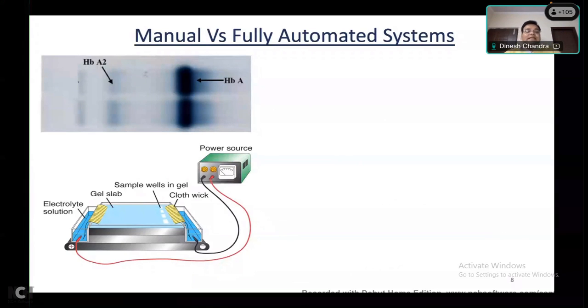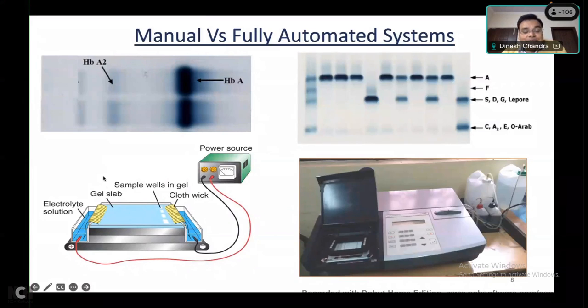For this technique, previously we used to make the agarose gel on a slide, make a well, put the hemolysate in it, and put this assembly in the electrophoresis apparatus.